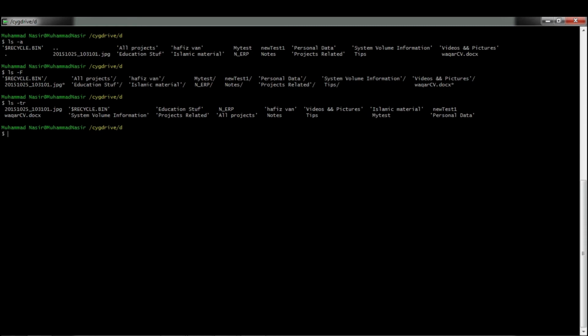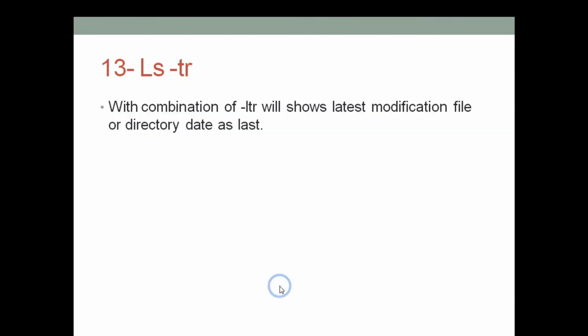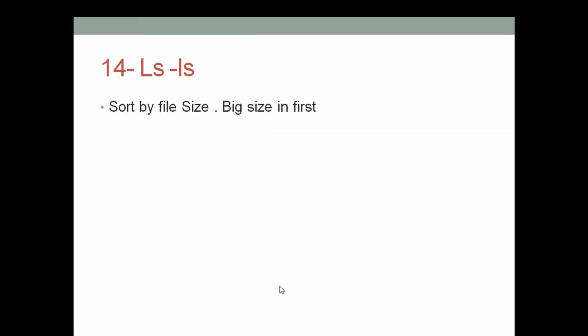Okay, so now I go to the next ls command, that is ls -S. It sorts by file size, biggest first. By following this command, the files or folders which have a large size are shown first, and so on. Basically the files and folders are sorted by their size.